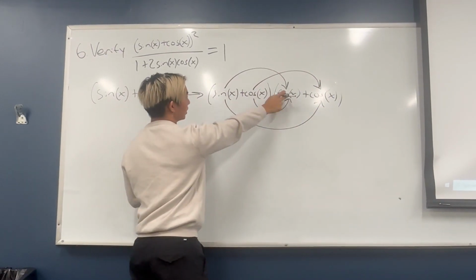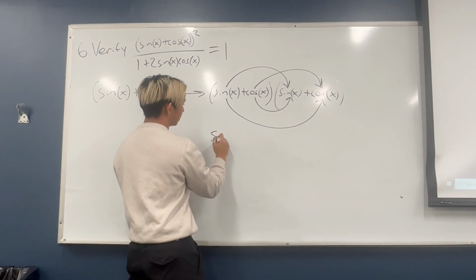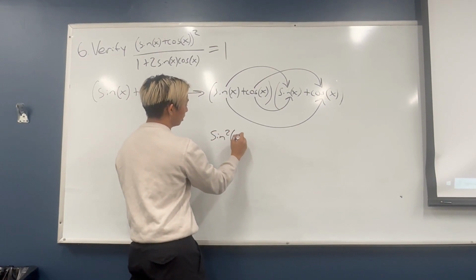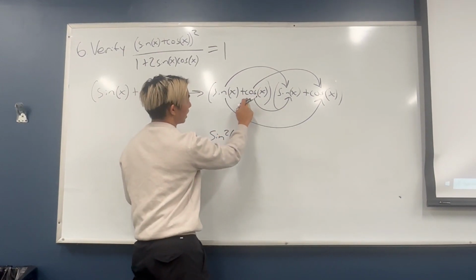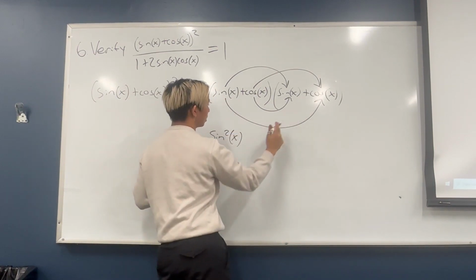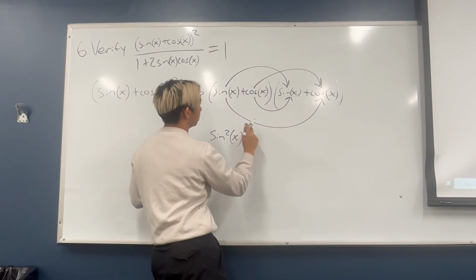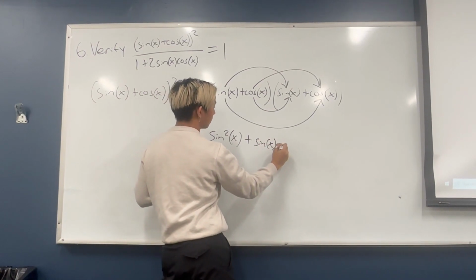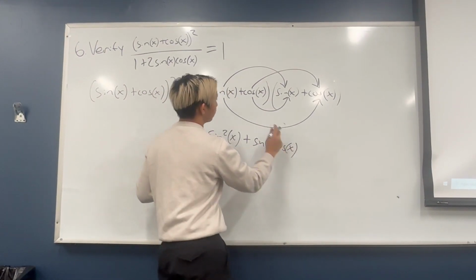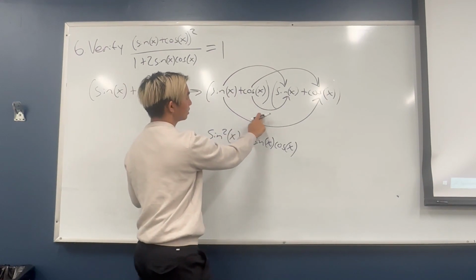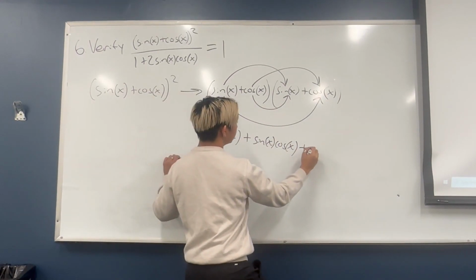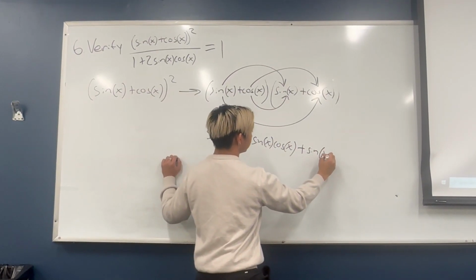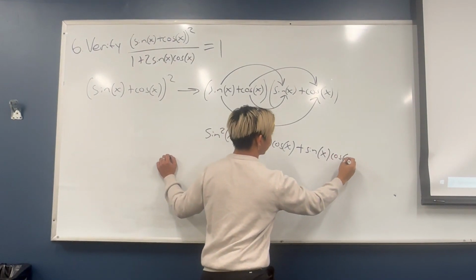So first we have what? Sine squared times sine squared. So this gives us sine squared of x, right? And then our outer, sine and cosine, so this becomes sine x cosine of x, right? And then our inner, so cosine x and sine x, again, becomes sine x cosine x, right?